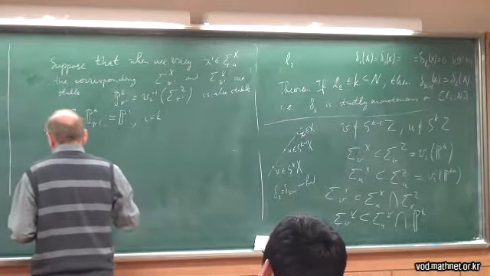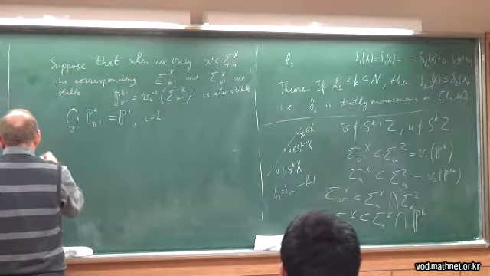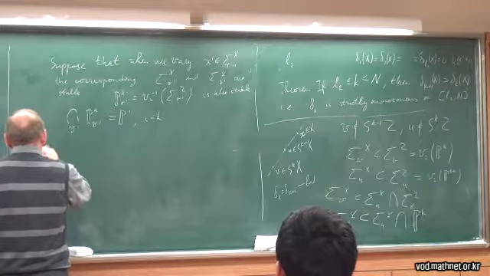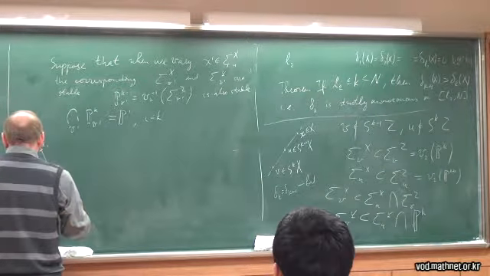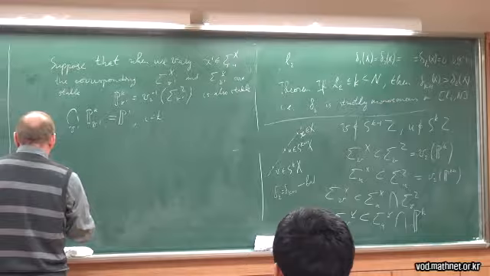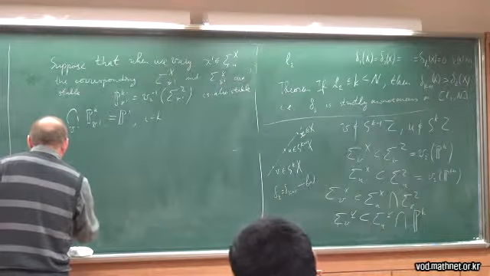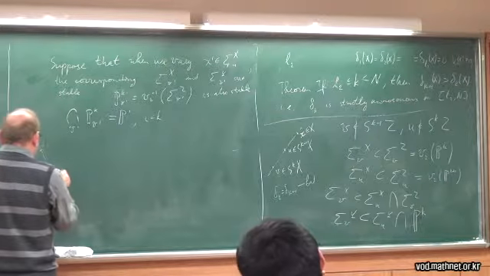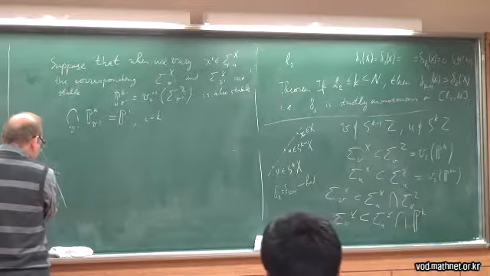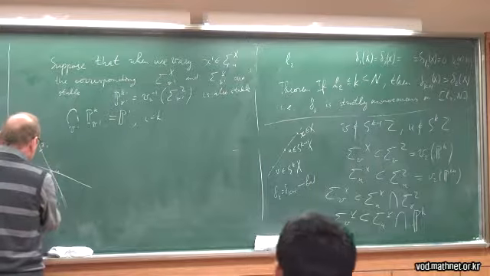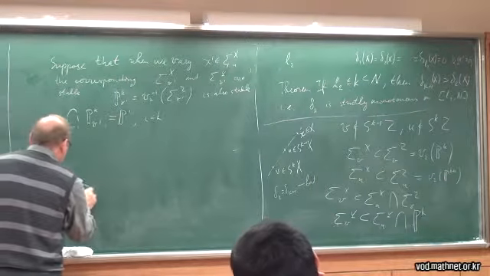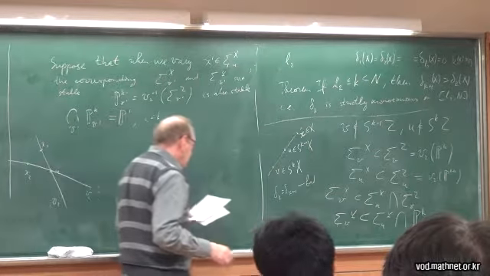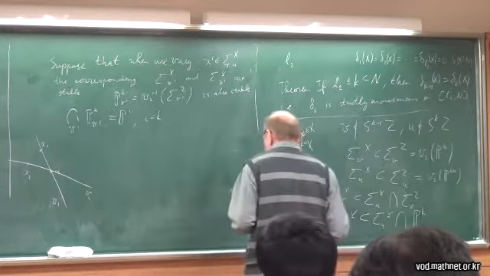And I draw the corresponding picture. So our point U is contained in some x1 and v1. But it's also contained in x2 and v2. And this is the same pk.